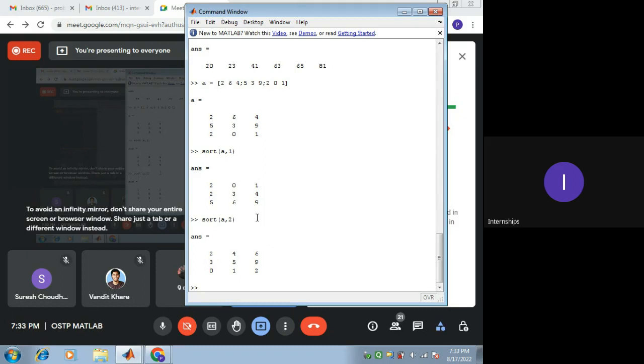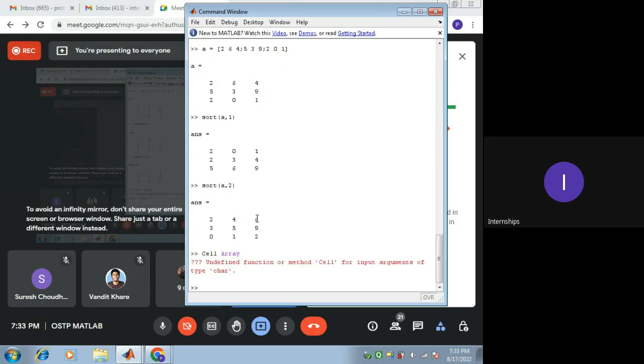Now, I will show you another thing. That is cell array. That means this is one array, and all the elements were also some array. There is an array in between arrays.